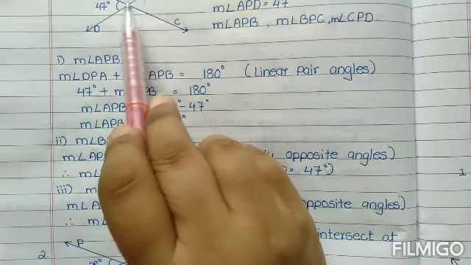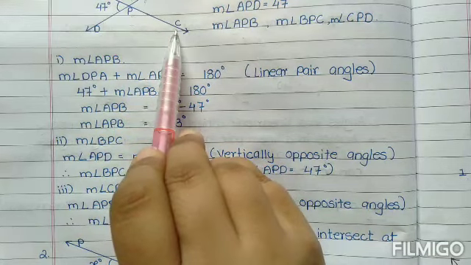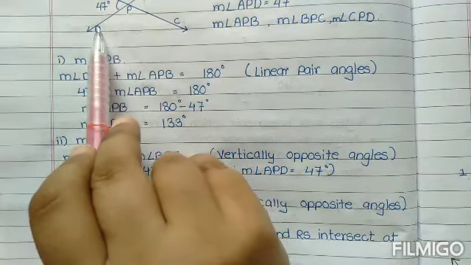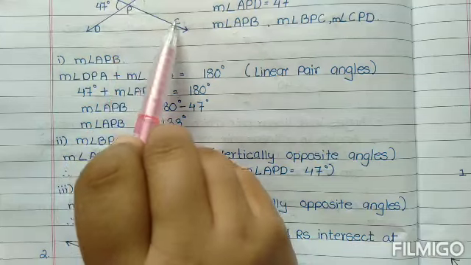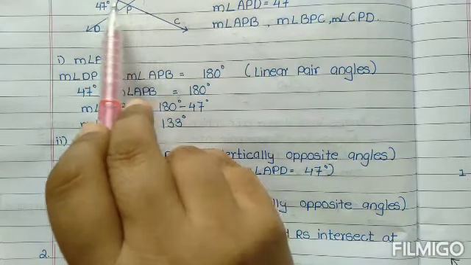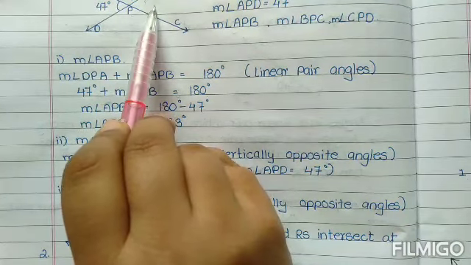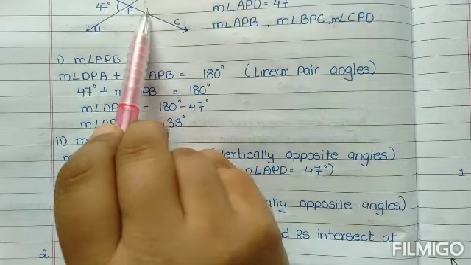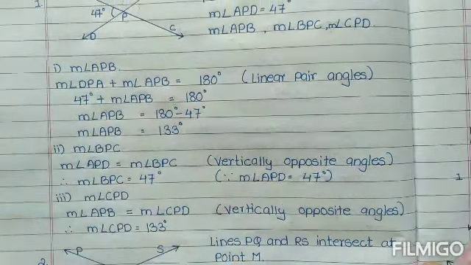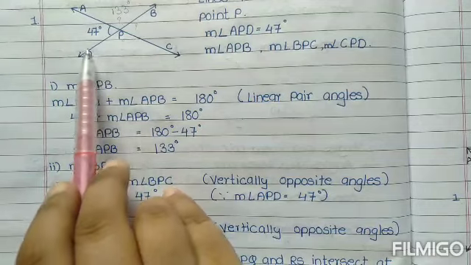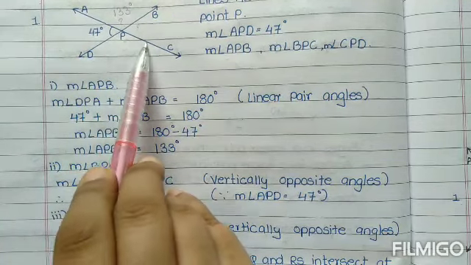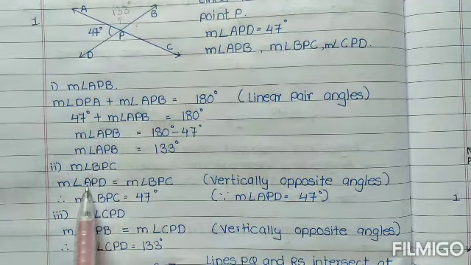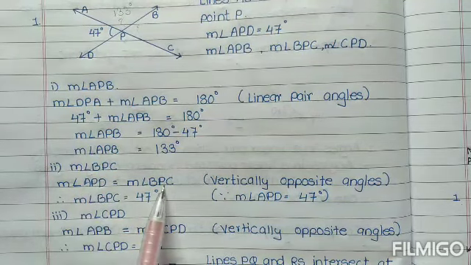Second, angle BPC. Angle APD and angle BPC are vertically opposite angles. According to the property, their measures are equal. So angle APD is equal to BPC.